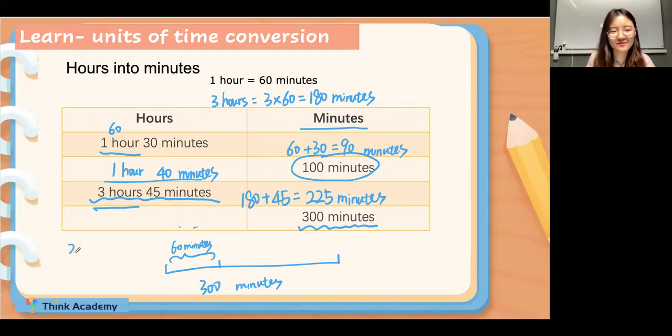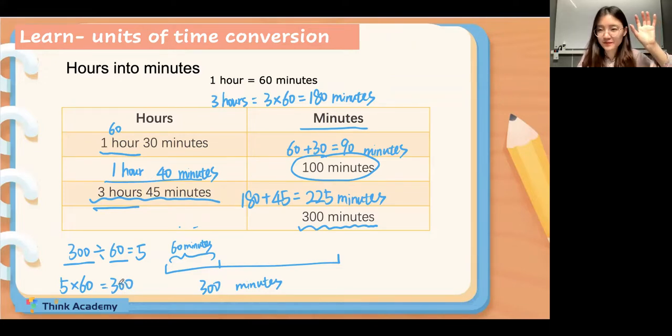So the question will be changed to 300 divided by 60. Okay, I know it's a little hard, but if we think in this way, 5 times 60 will equal 300, right? So 300 divided by 60 will equal 5, because there are 5 lots of 60 in the 300. So there will be 5 hours.